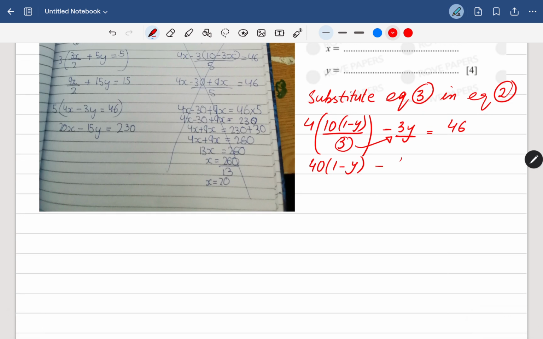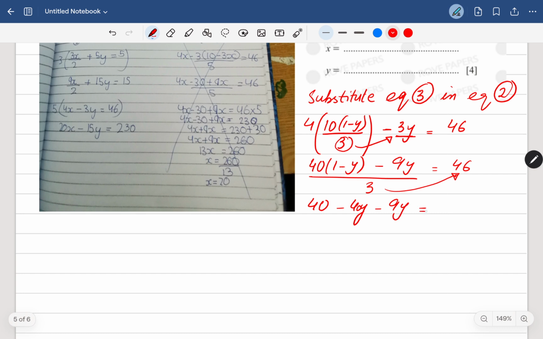It will become minus 9y divided by 3 equals 46. 46 then only can be multiplied by 3. So you can now expand the equation as 40 minus 40y minus 9y equals, in the rough work you can write it as 46 multiplied by 3, which is 138.